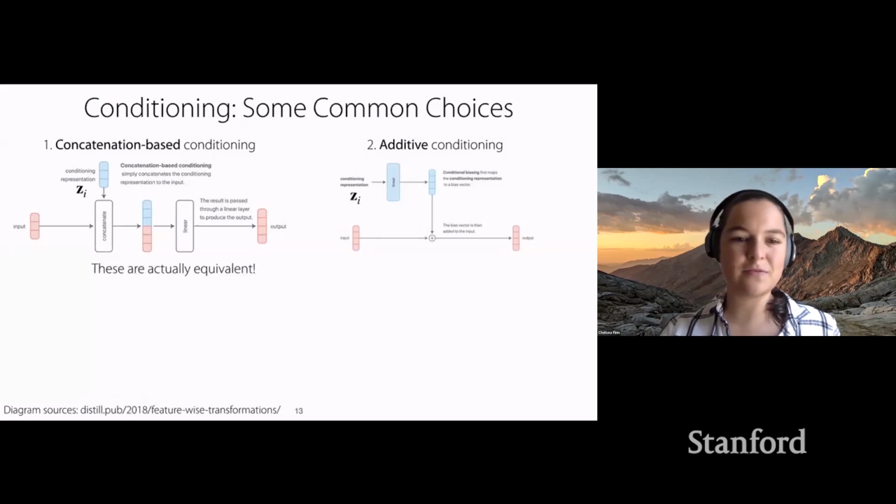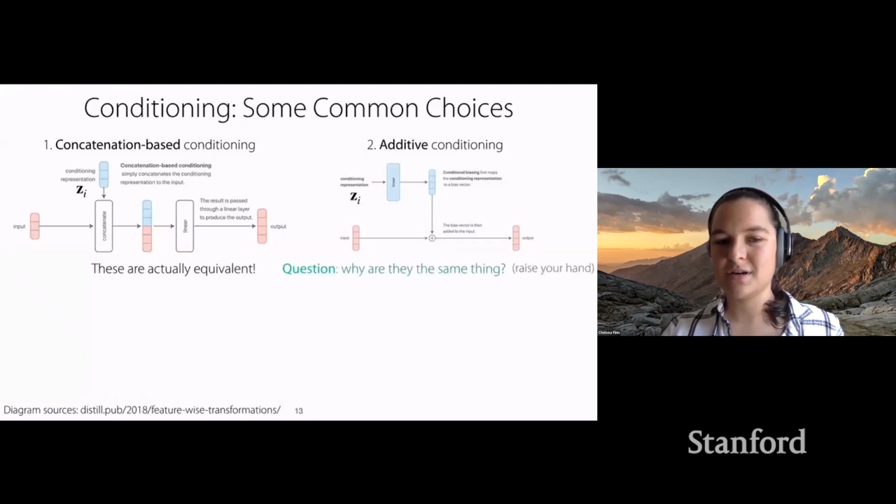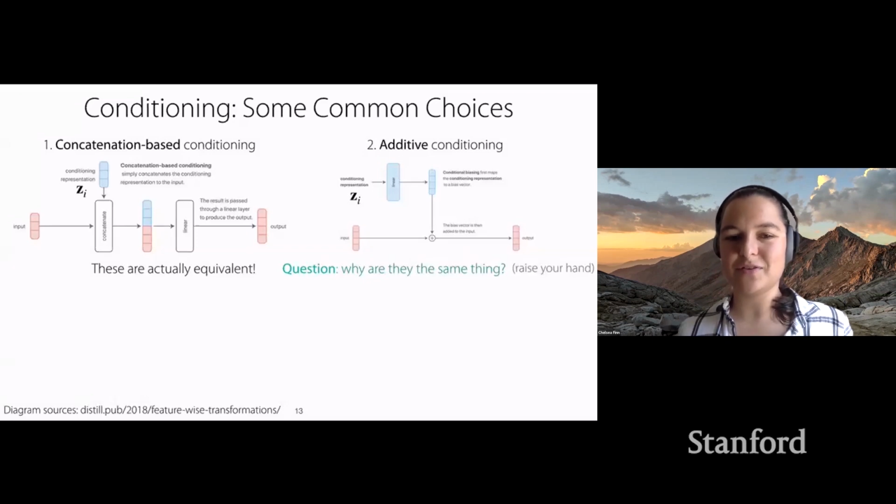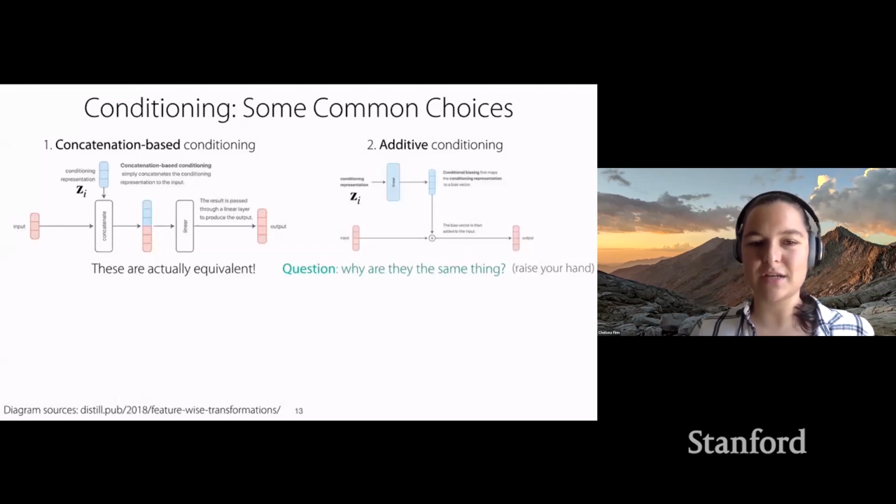It turns out these first two choices are actually equivalent in terms of what the model expresses. I'm curious if anyone has thoughts on why concatenation and additive conditioning are equivalent. And if you have an idea, raise your hand.